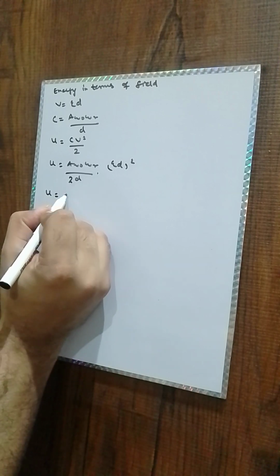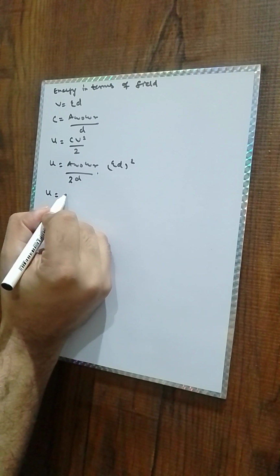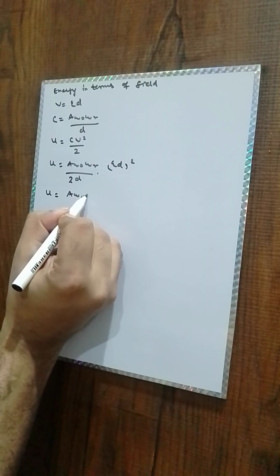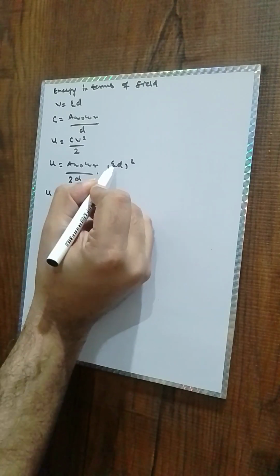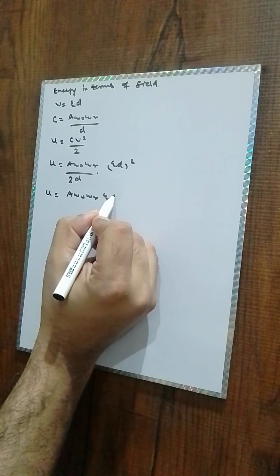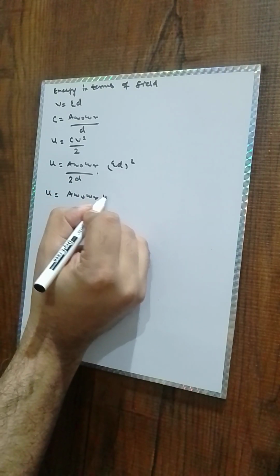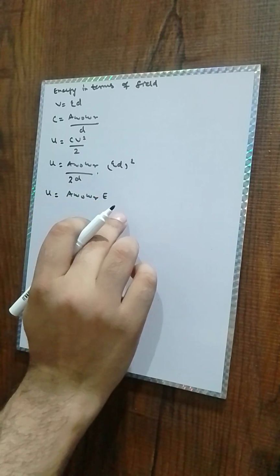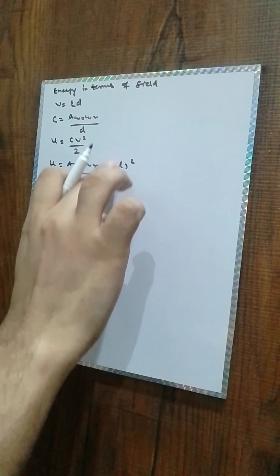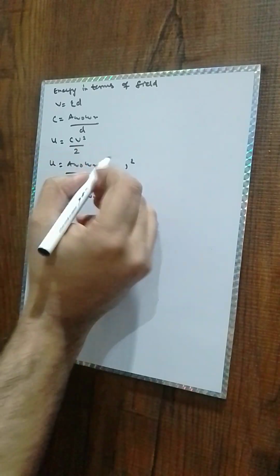Okay, the situation is U is equal to A epsilon naught epsilon R, electric field E. Let's make things clear here.